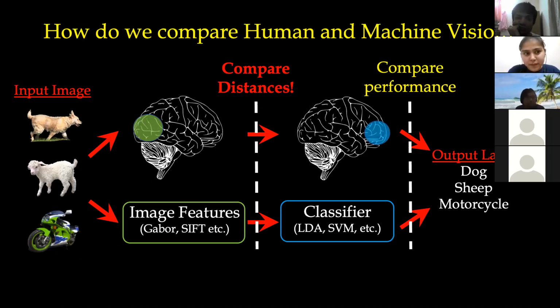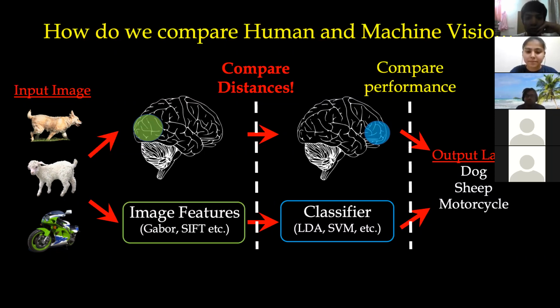So I would say some of the popular techniques used in computer vision, like various image feature extraction methods, are actually inspired by the processing in the brain. For example, the Gabor wavelet pyramid that people use to extract different kinds of features from images roughly mimics the kinds of processing and selectivity you see in the primary visual cortex.